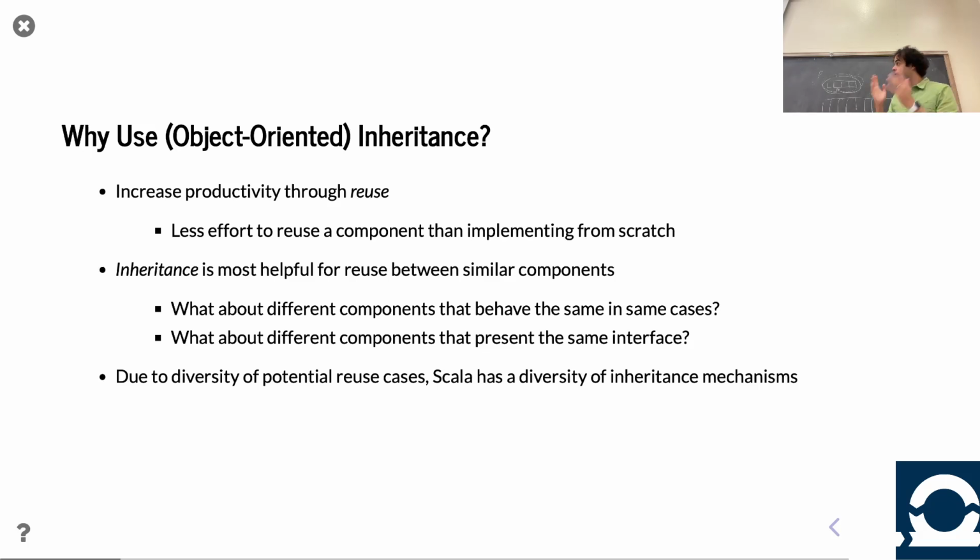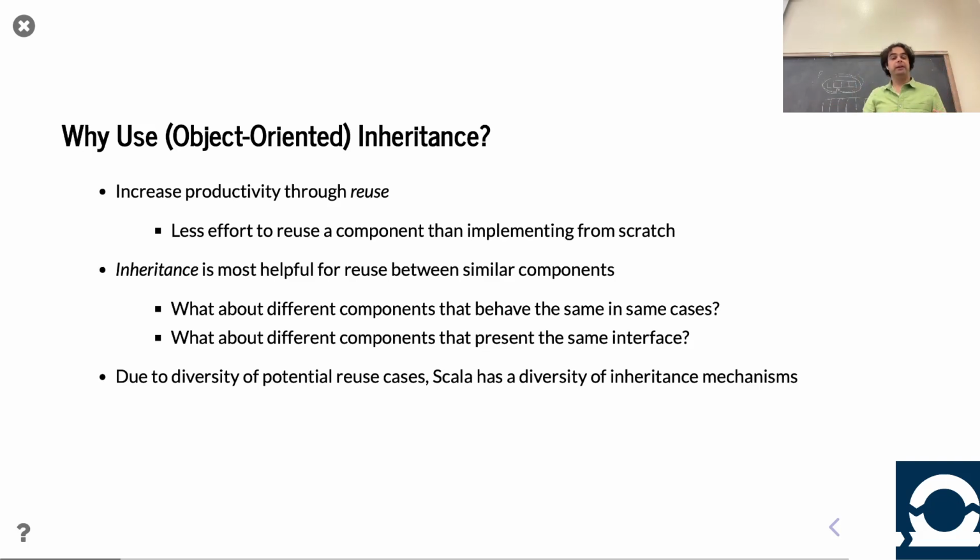Now the whole idea is of course reuse. We want to make things that are easy to reuse, and that's where inheritance comes in. Object-oriented is about encapsulation. Inheritance is about reuse, or how we make pieces that are the right size and shape so we can use them where we want. So when you think about inheritance, the goal is identifying the key similarities and differences. In other words, I have components that are not exactly the same.